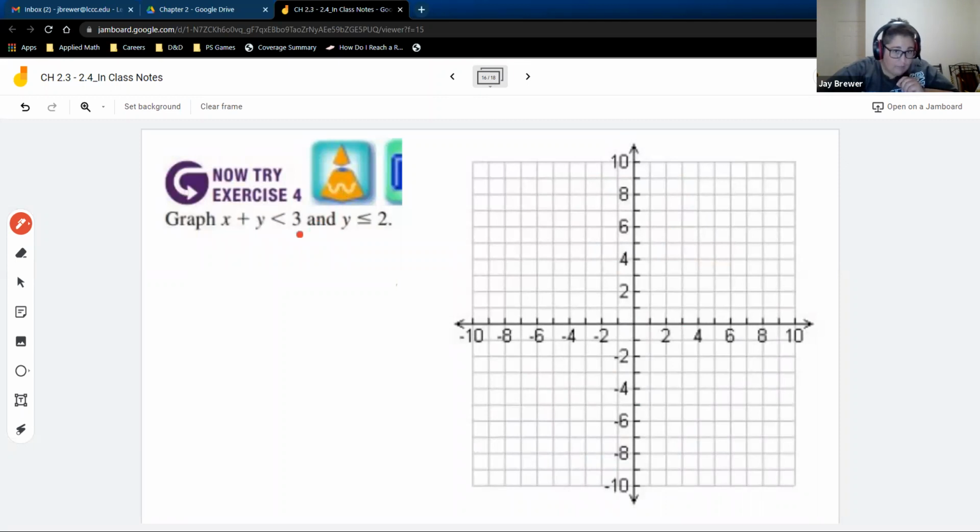Now, what's very important about this case is that this is an and. So when we have an and, we're looking at inequalities that involve an intersection of the solutions. So you must have true statements for both in order to shade the region.